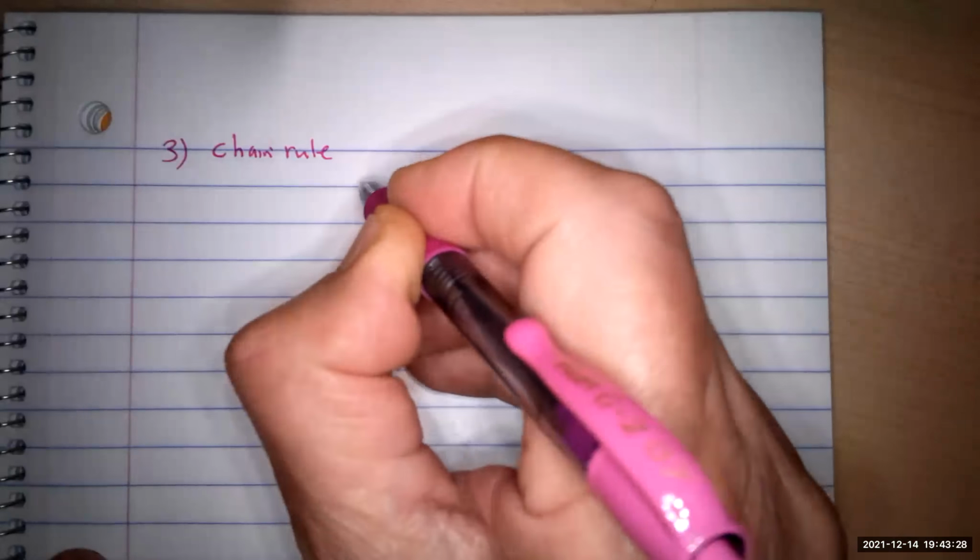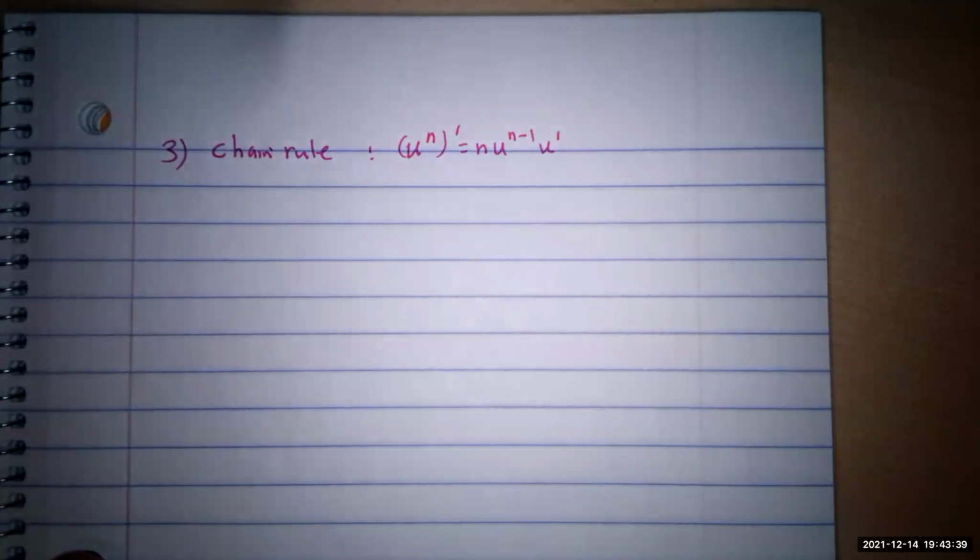For this, you just need this formula, remember? Derivative of u to the n is n u to the n minus 1 times u prime. That is your formula for the chain rule. And we have 2 types of problems.